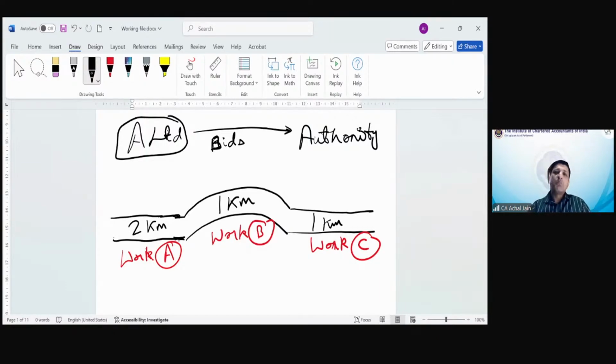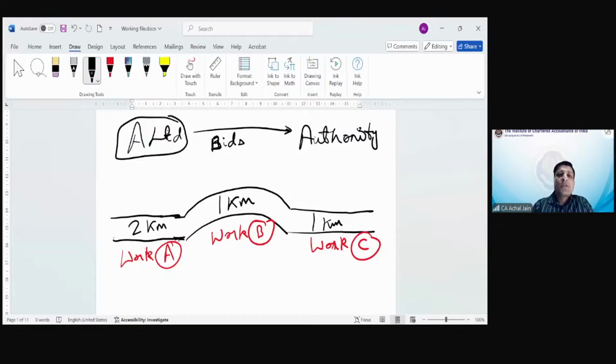Now, when A Limited submits bids, let's try to understand the thought process of A Limited. In respect of the work which is required to be completed, they are looking at all of these works as if it's a single contract.